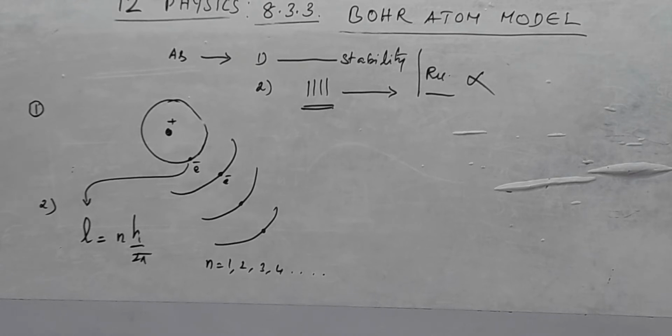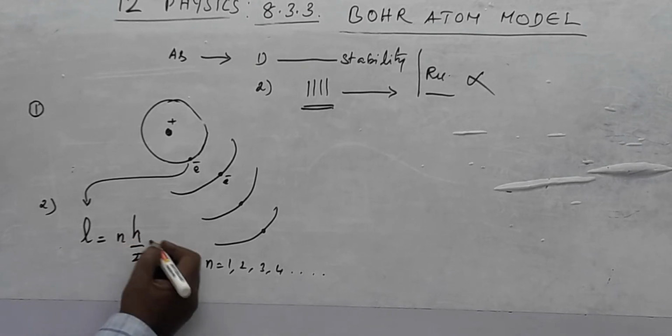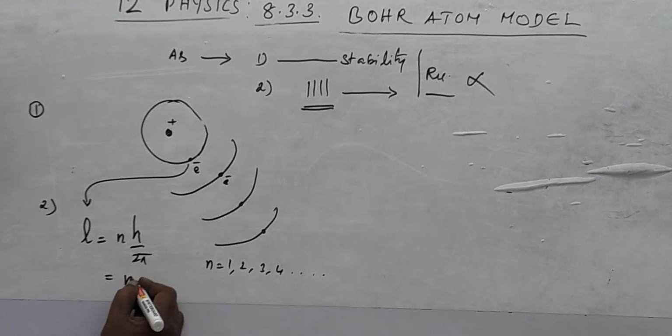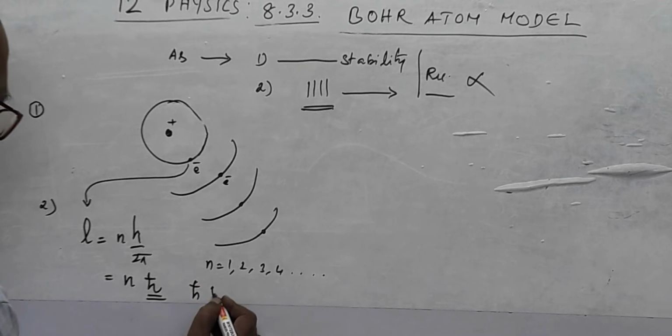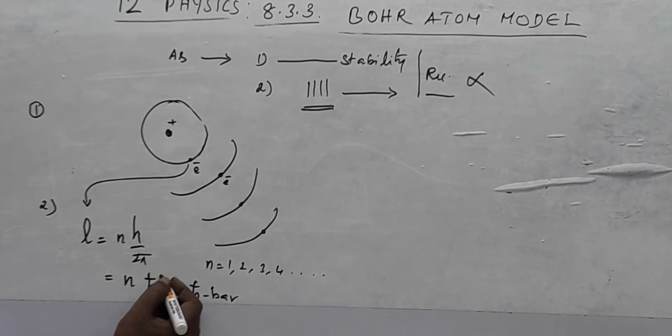Here we can modify this equation. h by 2 pi may be written as h bar. You can pronounce this letter as h bar. h bar is equivalent to h by 2 pi.